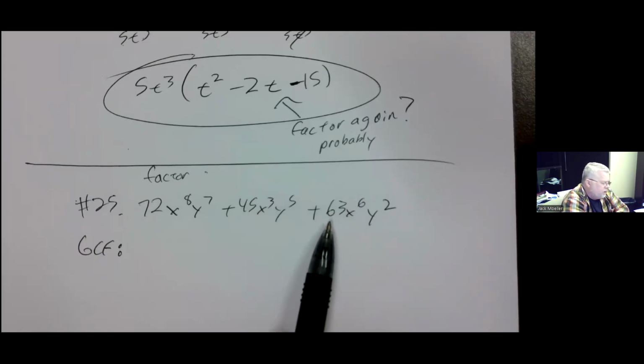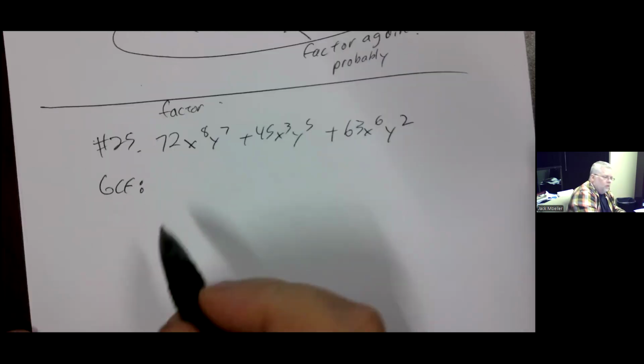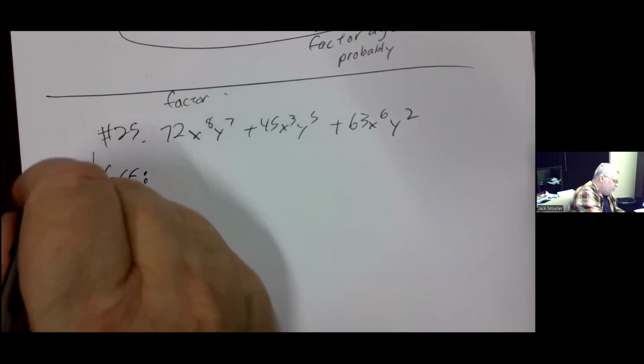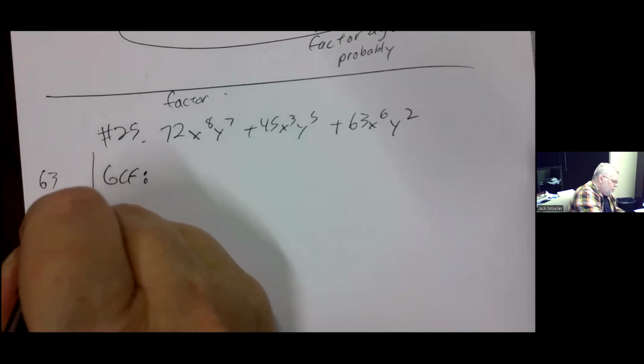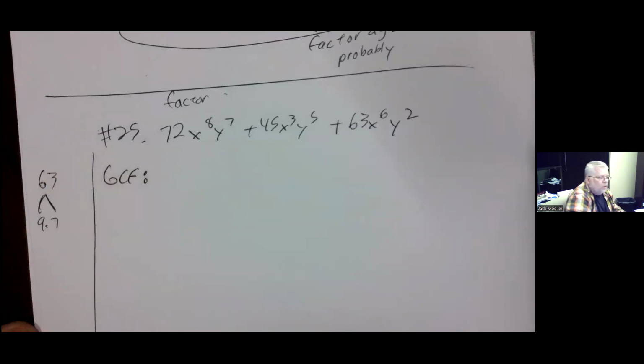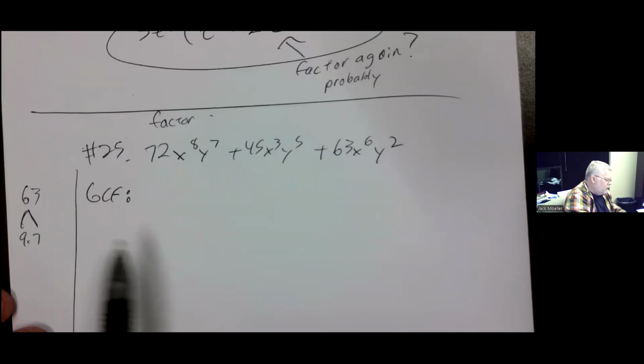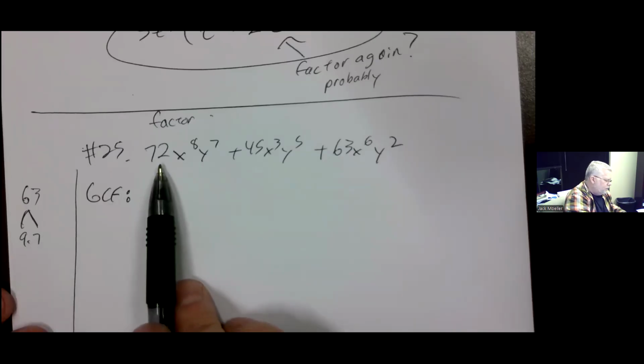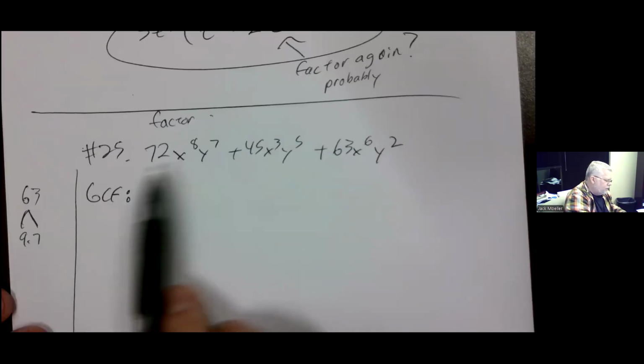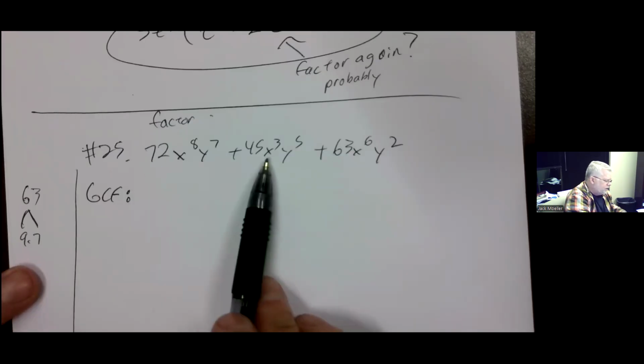I know 63 is 9 times 7. So off to the side here, once I factor one of them, I have a 9. 9 goes in 45, but it doesn't go into 72. But what about the 7?